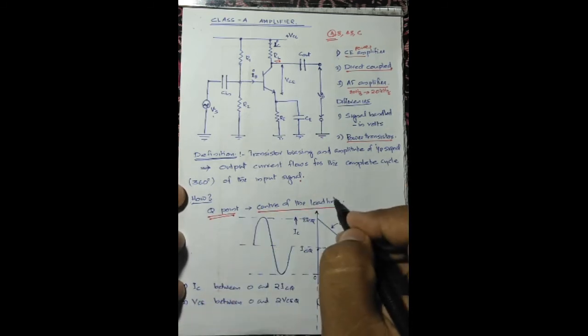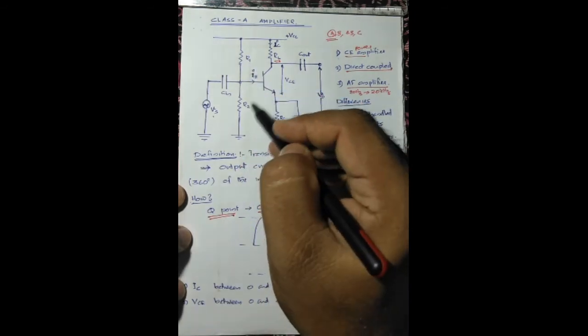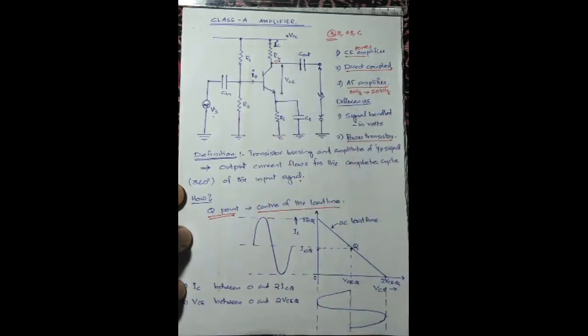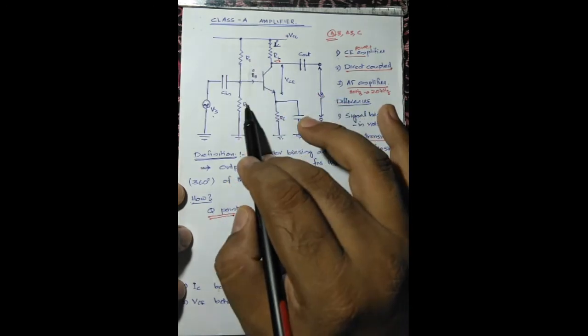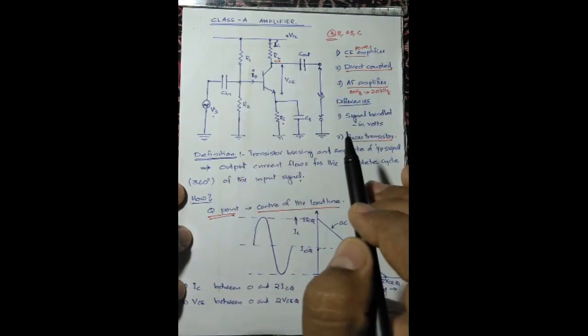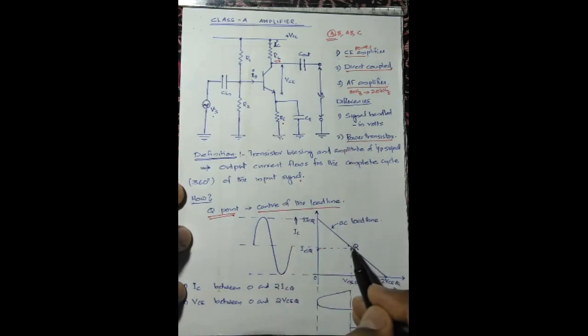This is done by proper selection of the resistors used for biasing the transistor. By adjusting the values of R1, R2 and RE, we make sure that the transistor is operating at the quiescent point, which is exactly at the center of the load line.